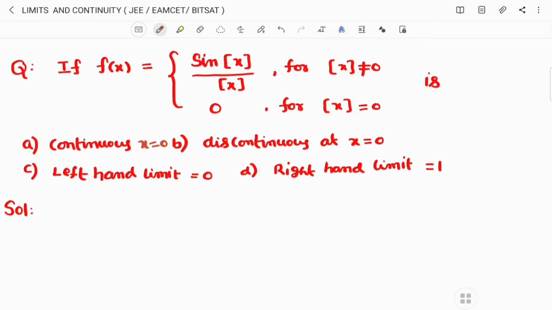So particularly it is given left hand limit and right hand limit. But we have to verify whether it is continuous or not by observing the first option. At x is equal to 0, the function value is 0. f of 0 equal to 0.